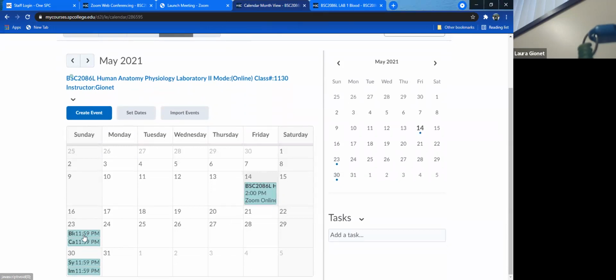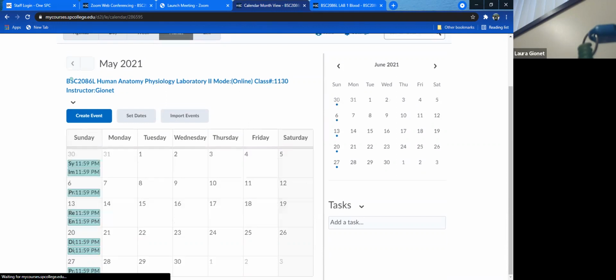So here on the 23rd of May, it says blood quiz availability ends and cardiac ends. And then the following Sunday night, systemic circulation and the immune system. Then we have the following week to study all 4 labs, and the exam will be open. I believe I opened it on a Monday or a Tuesday.